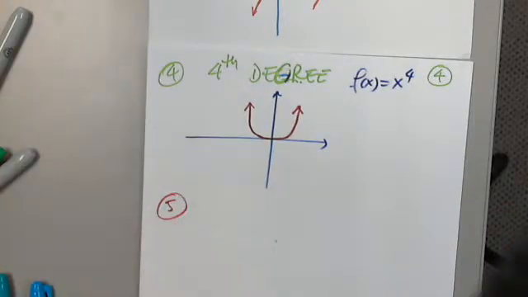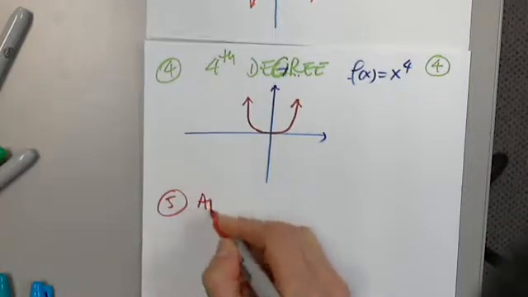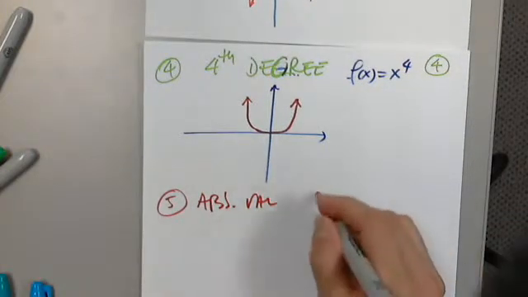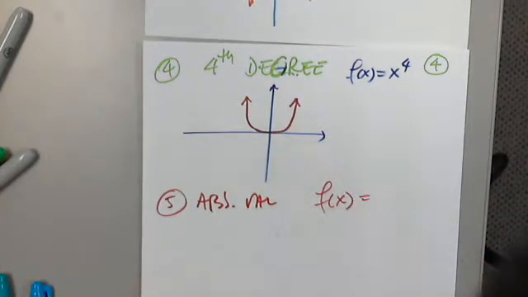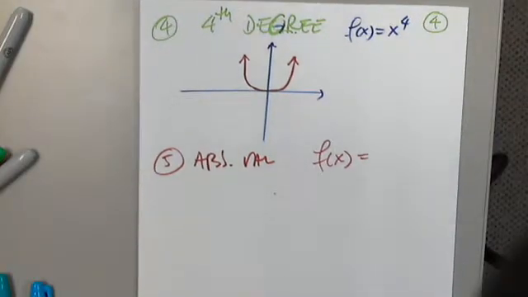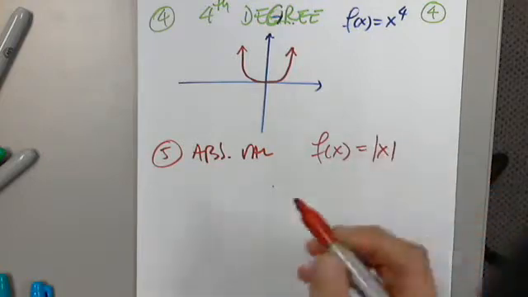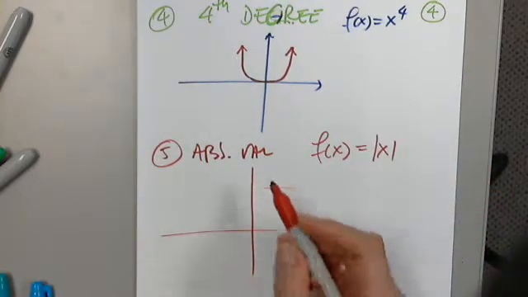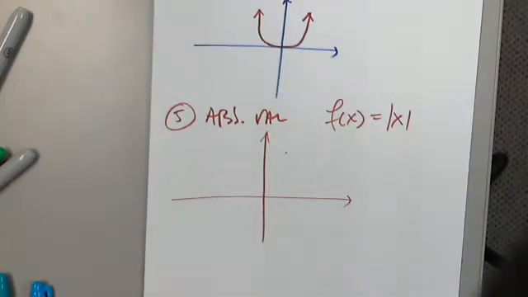Something very important. Number 5. Absolute value. F of x, the simplest possible absolute value is, very good. We did graph this function on the first day.